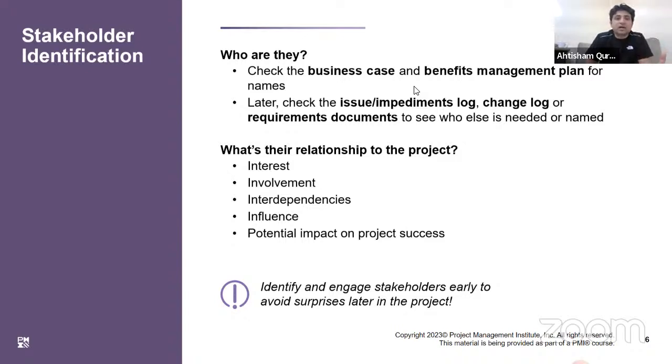So you will get some RFP, request for proposal documents. You will see these documents and you will get to know the parties involved in the project. From there, you can understand who are my stakeholders, internal and external. And you can look into these documents and get to know what the interests of these stakeholders are.